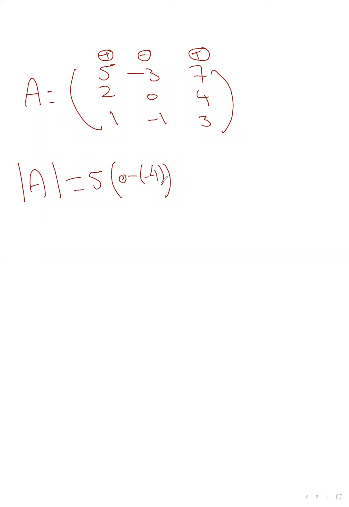Again 5, cancel its row and its column. 0 times 3 equals 0, 4 times negative 1 is negative 4.